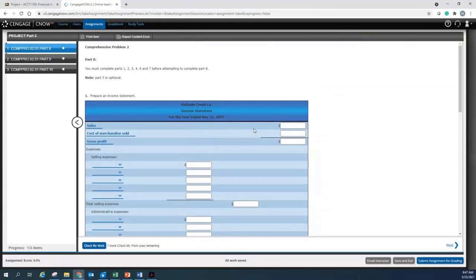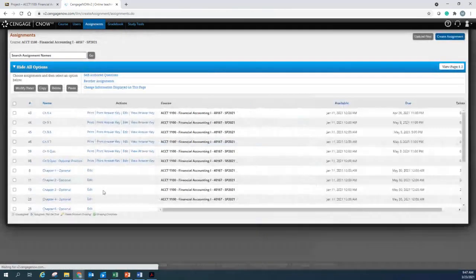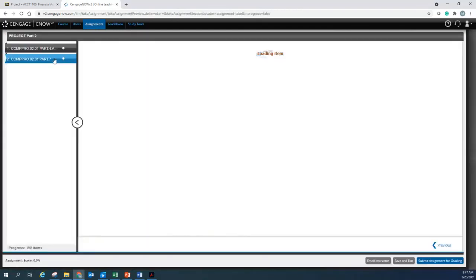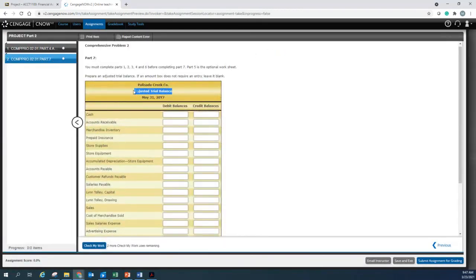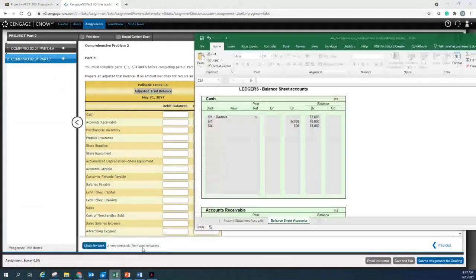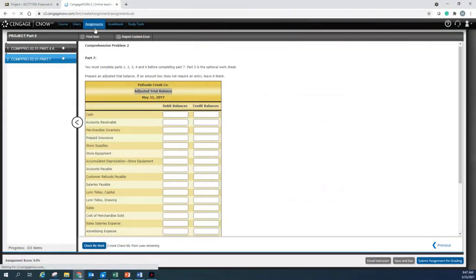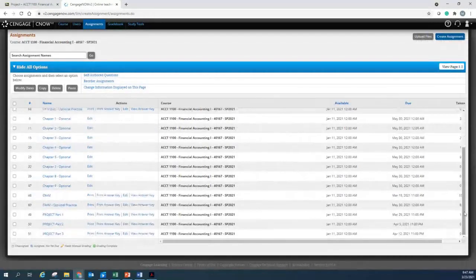So you can go back to part 2, the solution of the trial balance. You go back to part 2, and here's the trial balance. You are going to get the solution if you had done it incorrectly. And you use these balances to do your financial statement. Or you can use the balance from your ledger. Financial statement in part 3.